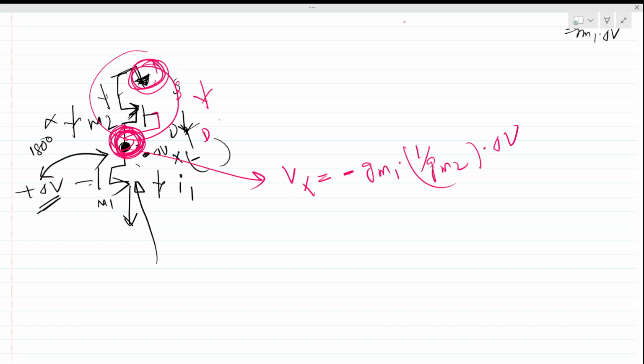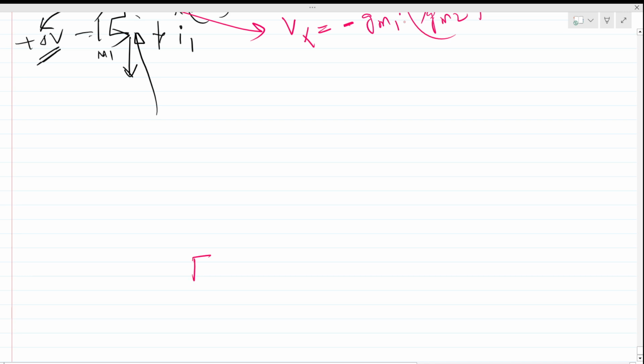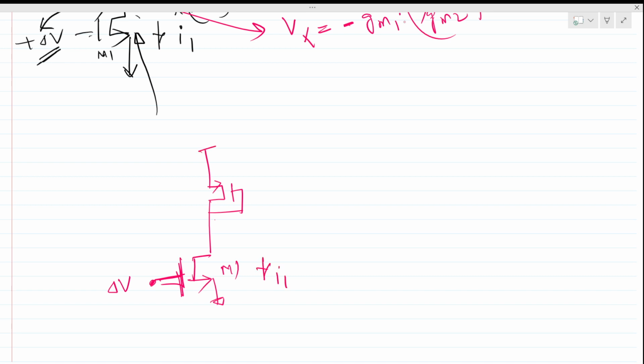Okay, so this is the thing. Let me draw the picture again. If we change a small amount at this node, at this voltage, a small amount of current will flow in this way, and the same current has to flow this way as well, right?